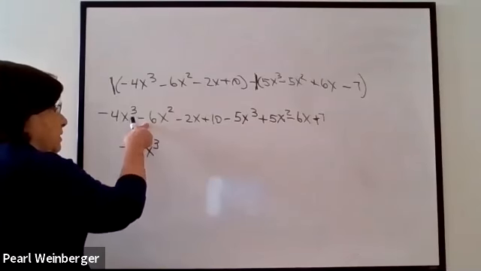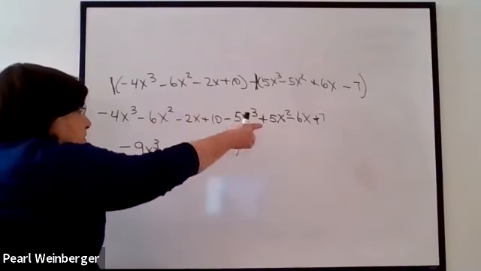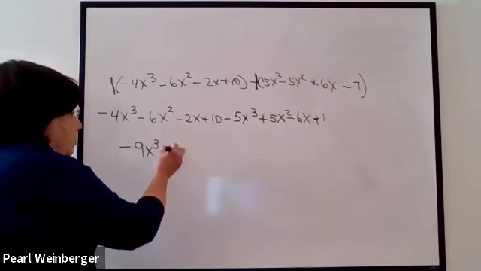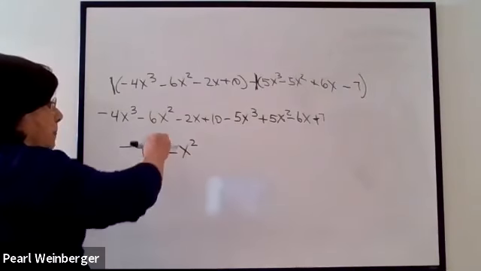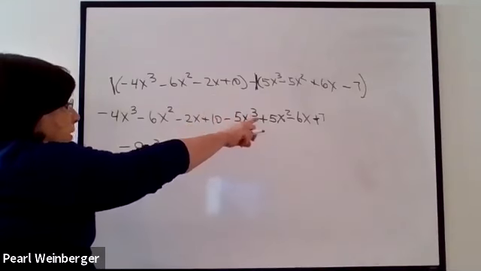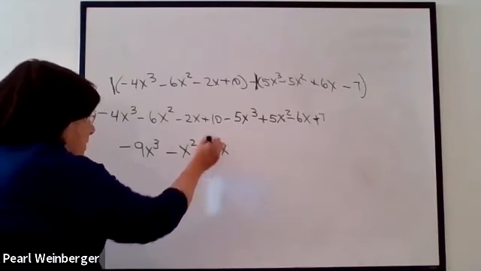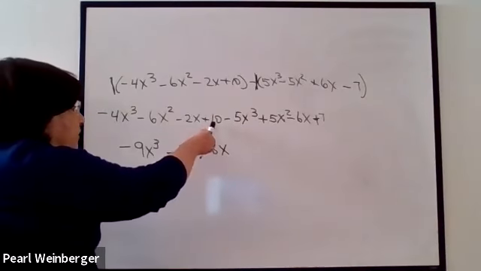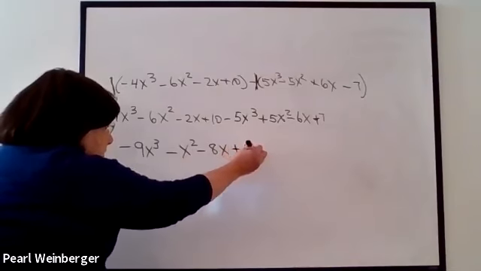Then we have negative 6x squared and positive 5x squared. So negative 6 and 5 is negative 1. So I'm just going to write that as negative x squared. Then I have a negative 2x and a negative 6x, which gives me a negative 8x. And finally, I have a positive 10 and a positive 7, which gives me positive 17.